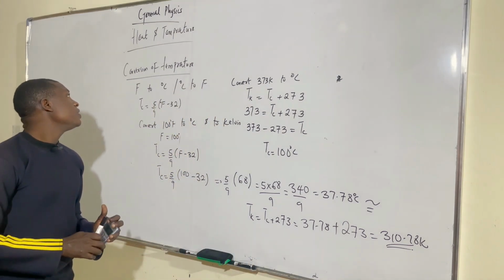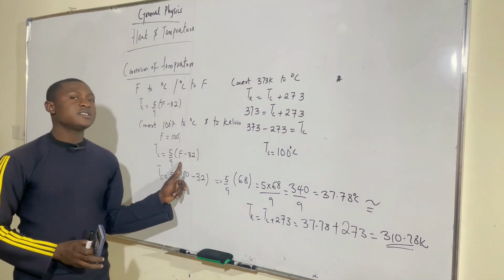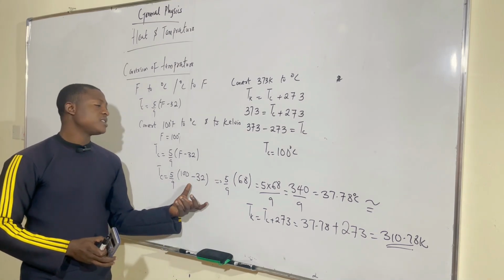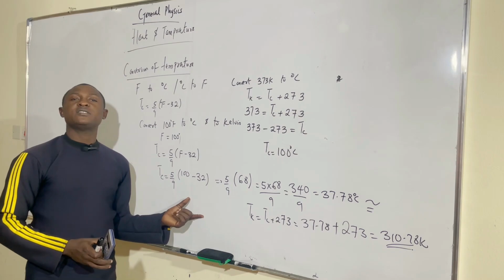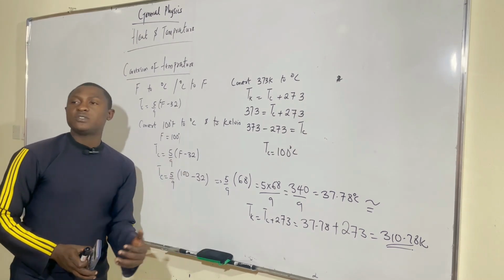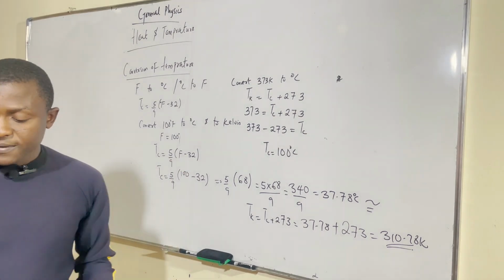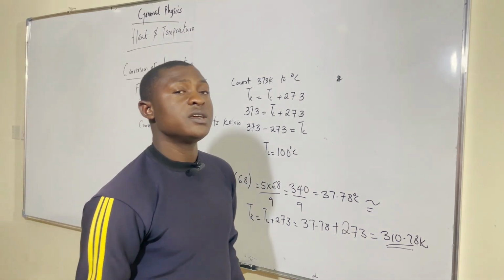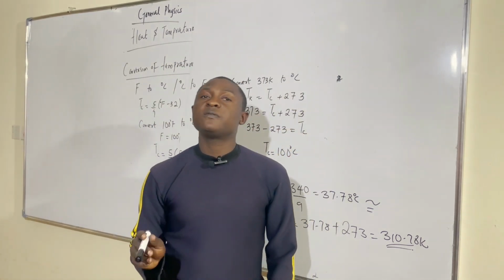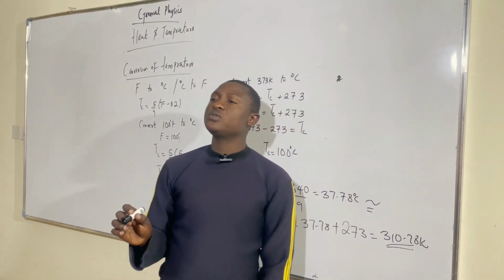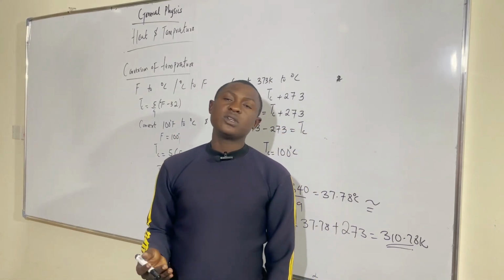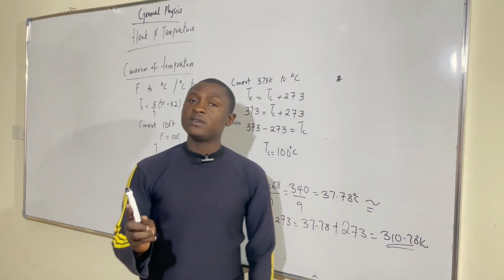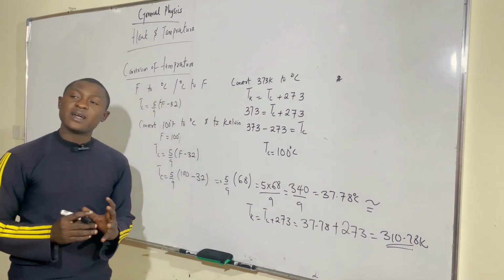Even if we have to convert from Fahrenheit to Celsius or from Fahrenheit to Kelvin, anyhow you do it, just master the formula and the approach of converting the temperature from one unit to the other. I do mention this in physics: the most important thing that we need to know is the unit. Unit is very, very important because some values might not specify what you're trying to convert to, but once you know the unit, whether it is mass or kilogram, or time in seconds, minutes or hours, just make sure that you master the unit.